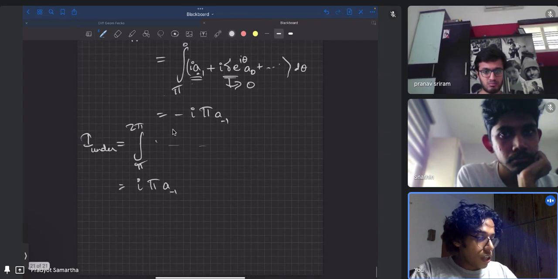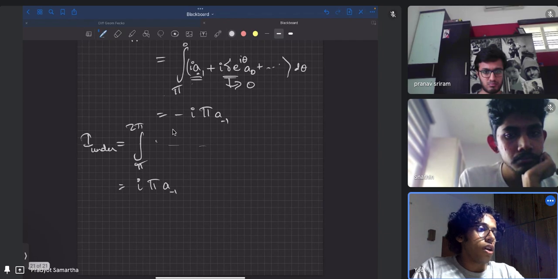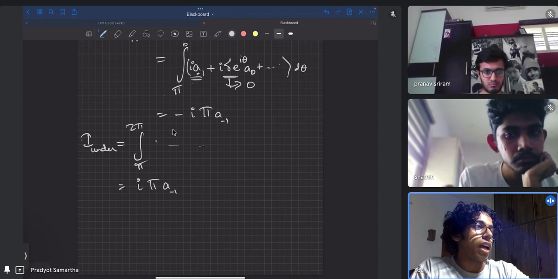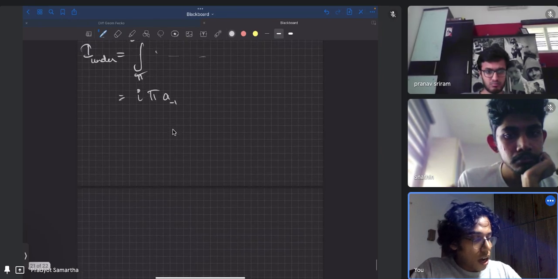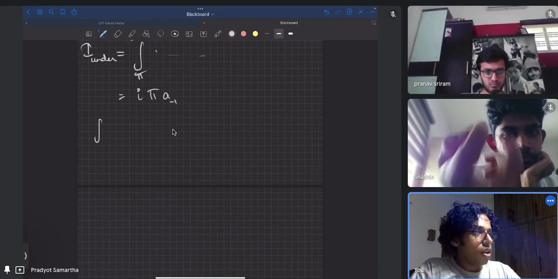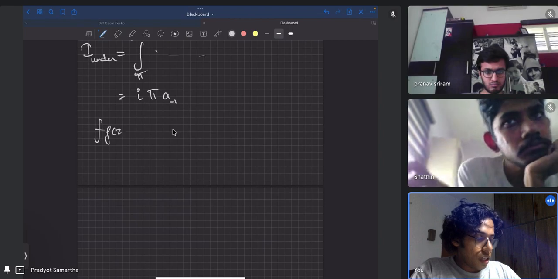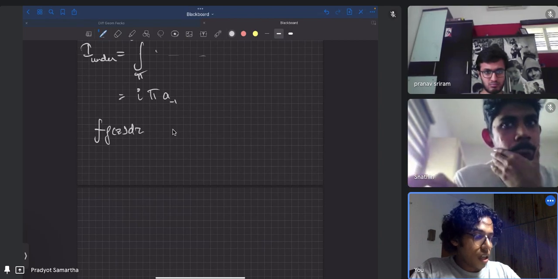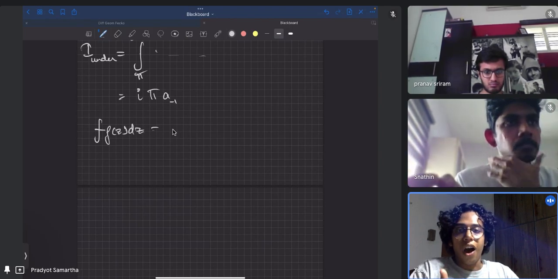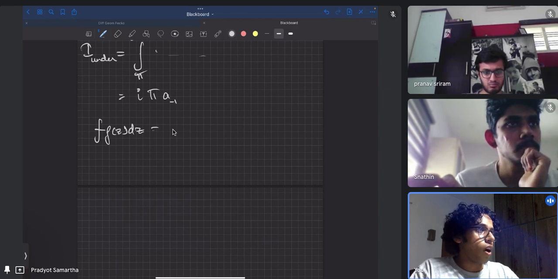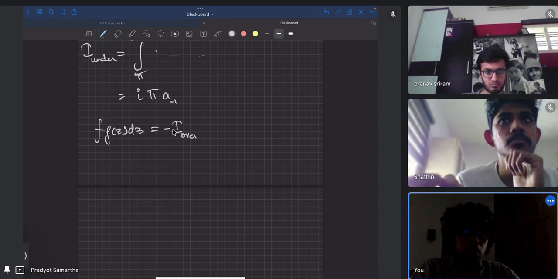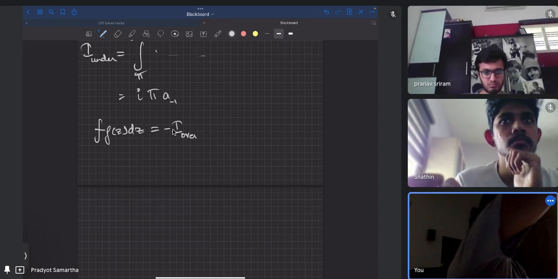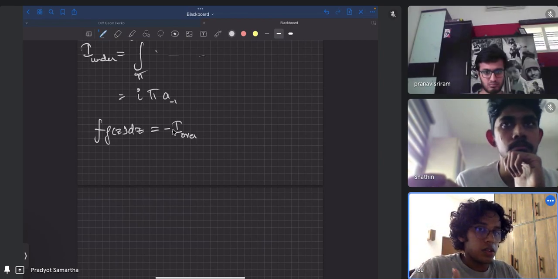So essentially you can write down the Cauchy principal value as the integral of f of z dz, an evaluation over the half plane. That is, you can have minus I over, sorry, I think this should be okay.